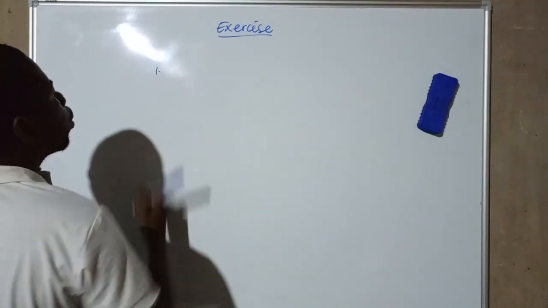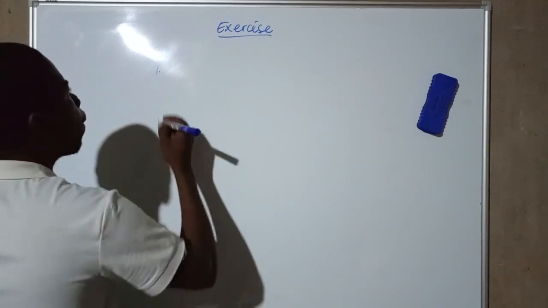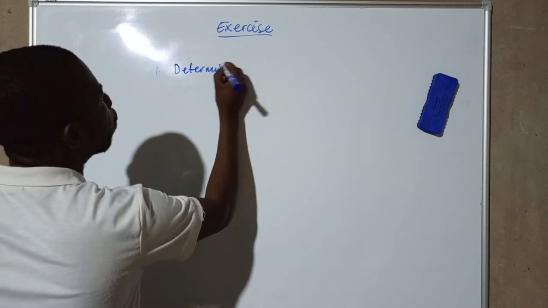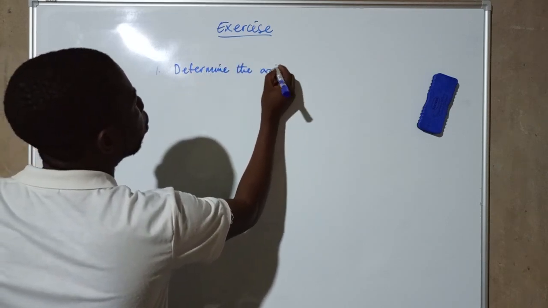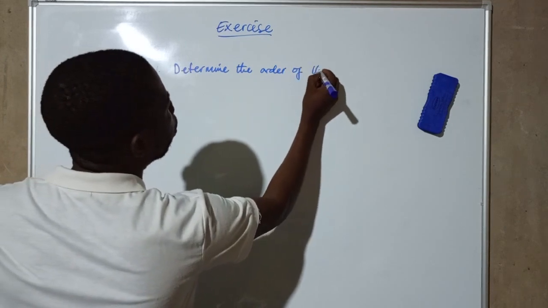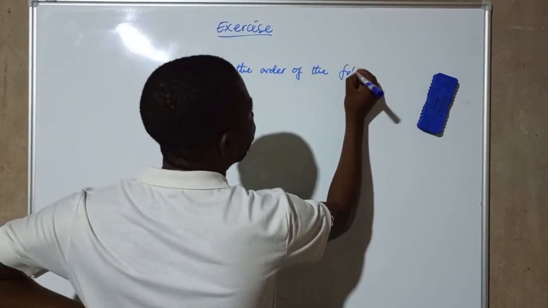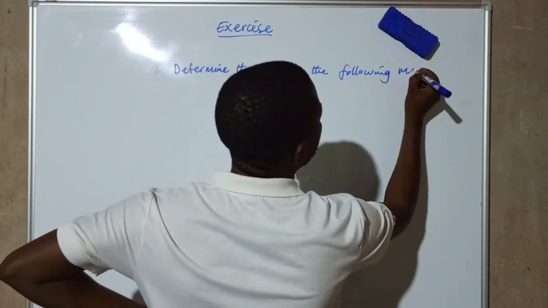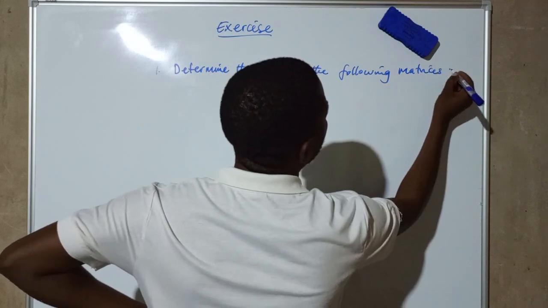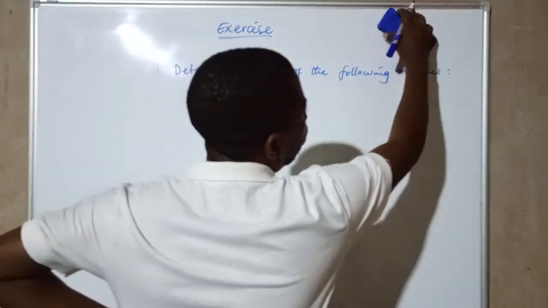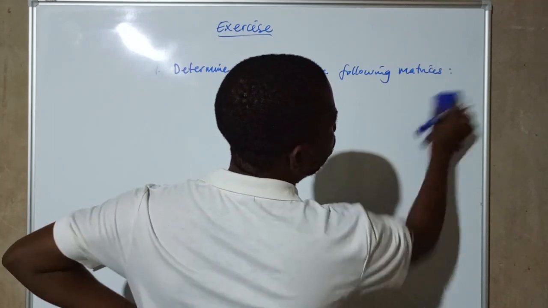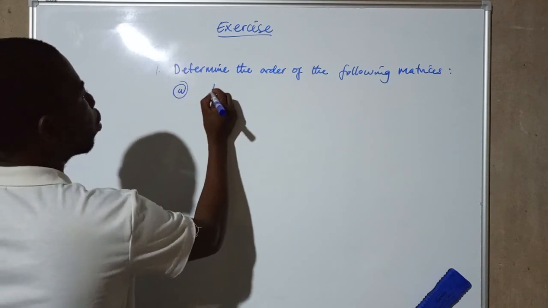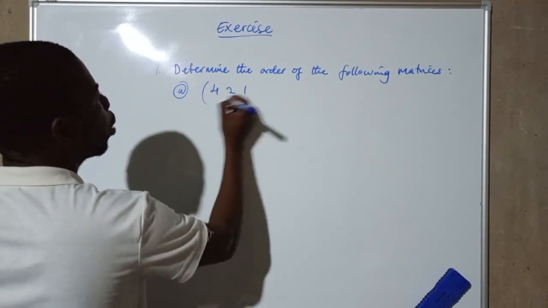Number 1, I'm going to say determine the order of the following matrices. I'll say A: 4, 2, 1.